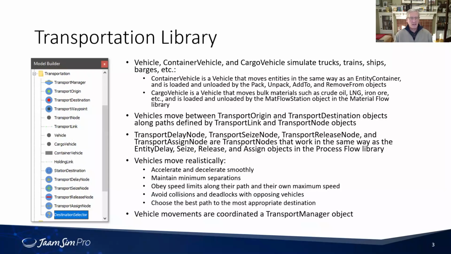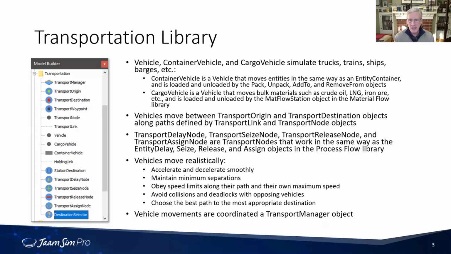So the first library of objects that I'll talk about is the transportation library, and this is the one that does vehicle motion. Vehicles can be trucks, trains, ships, barges, you name it, anything that moves in space. In addition to vehicle, there are two subclasses: container vehicle and cargo vehicle. Container vehicle is a bit like an entity container in the open source JaamSim, except it's a vehicle that can carry other entities in the same way that an entity container does.